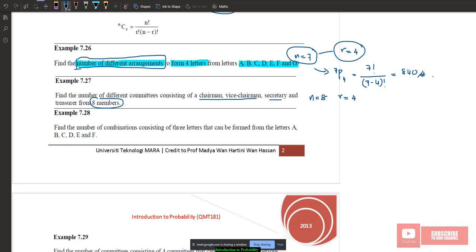Based on this example, the first member should be chairman, the second vice chairman, then secretary and treasurer. So in this situation, order is important. So 8P4 is 8 factorial divided by 4 factorial, which is 1680.